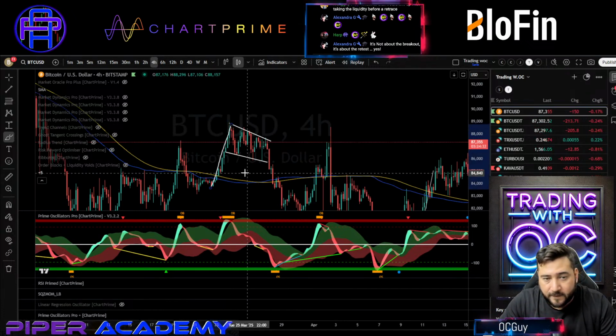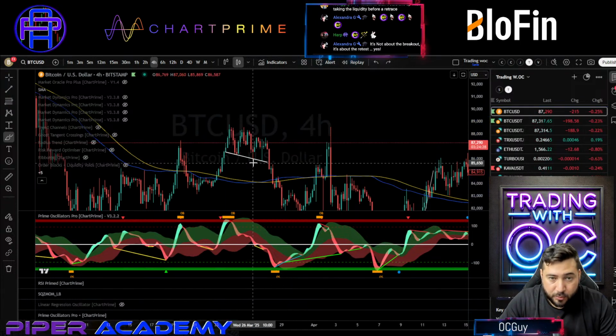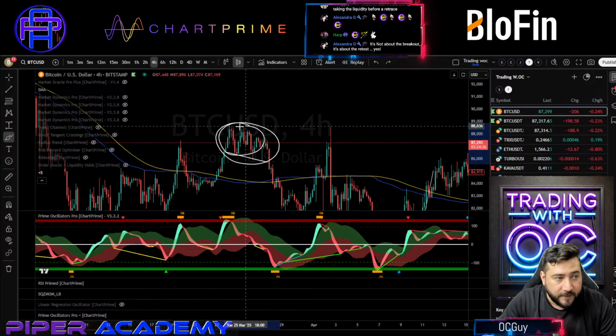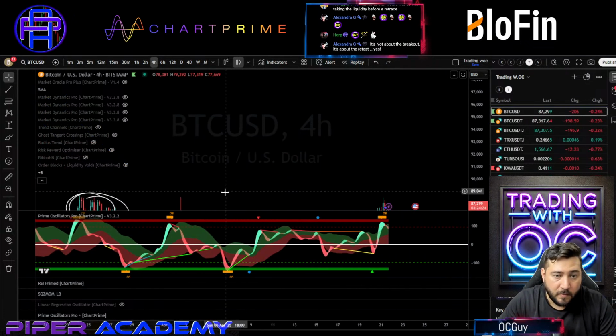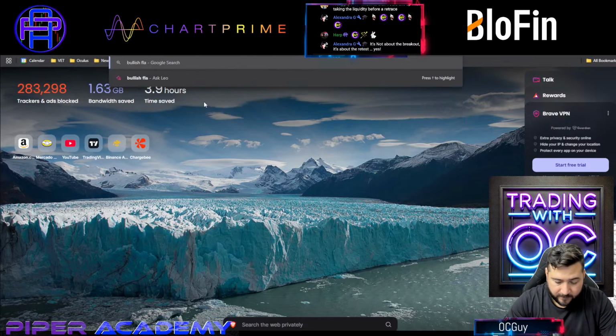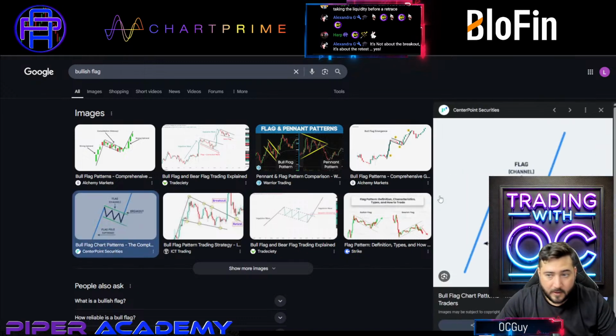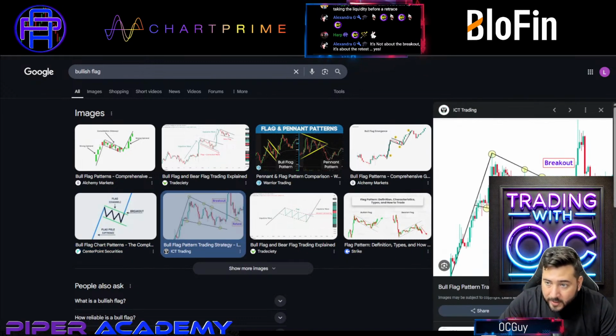But what if I add maybe a pole in here? At this point, the morphology of this is becoming more like, let's put it here, a bullish flag, so you can see that I'm not just taking this out of my pocket, right? There we go. What's happening? We have a wedge in here with a pole.